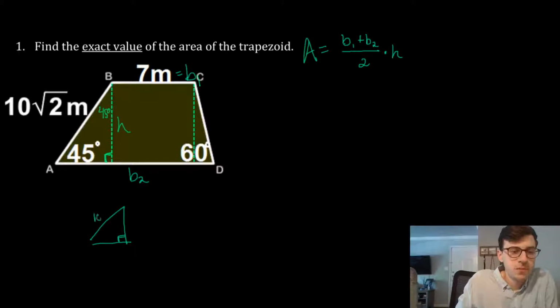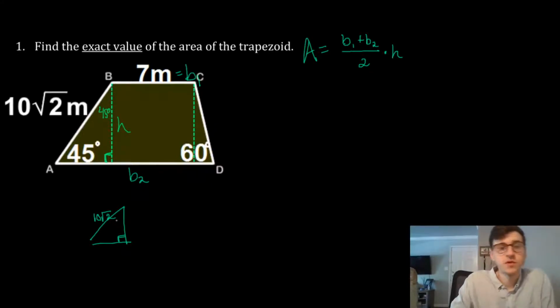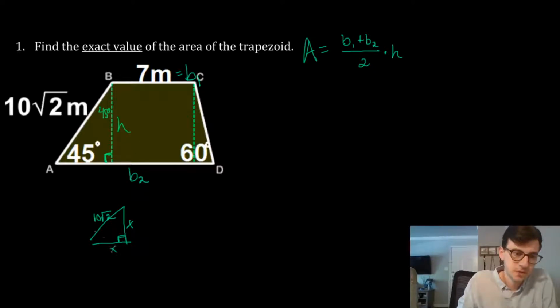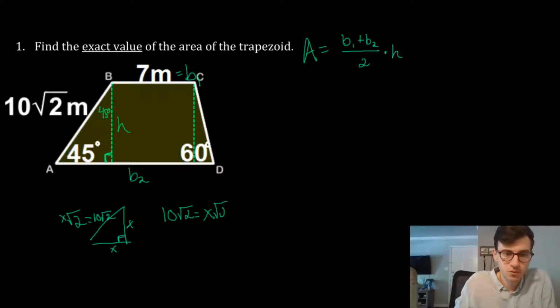We have a hypotenuse of 10 root 2. And remember, for 45, 45, 90 triangles, if the legs are x, then the hypotenuse is x root 2. So 10 root 2 is equal to x root 2.